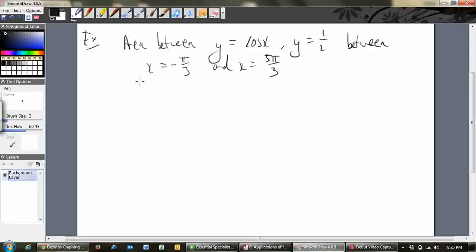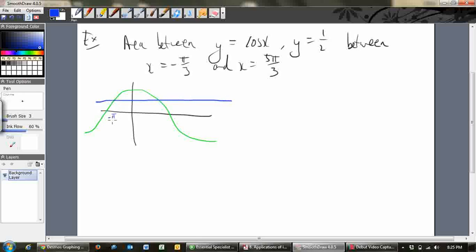Let's just do a quick sketch of that. So something like this. We've got y equals cos x, something like that, and we've got our y equals a half, going through it like that.